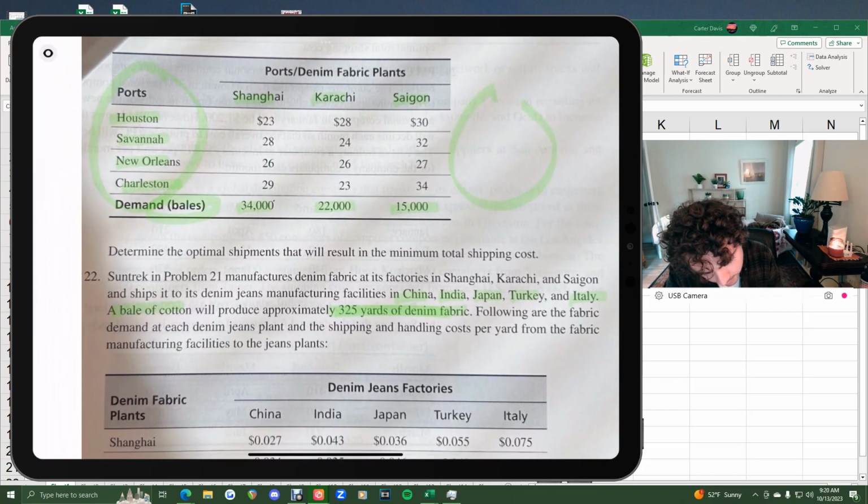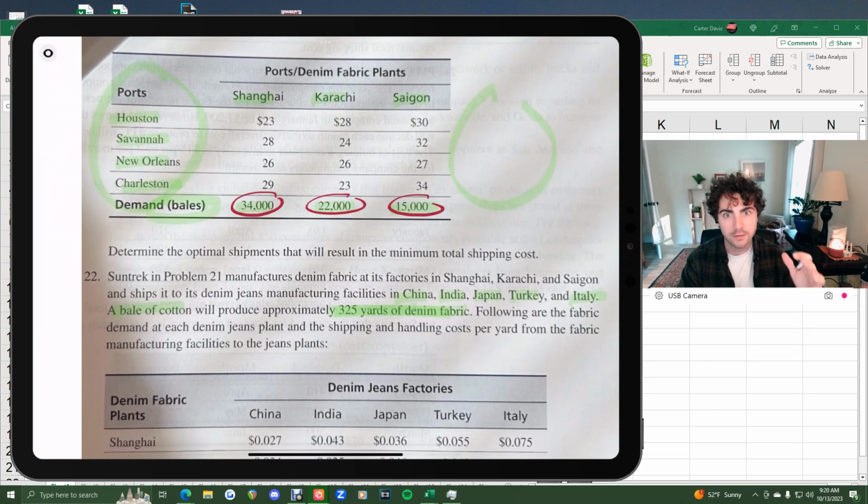So what I'm saying is each of these numbers of bales that are now at the fabric plants are being converted to yards of denim fabric. Each bale is 325, so let's multiply each by 325. 34,000 times 325.